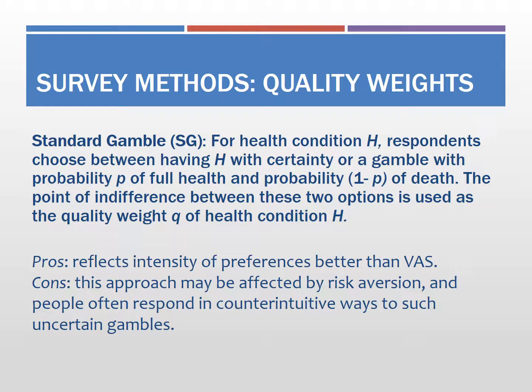And people with less risk aversion are more likely to gamble. They don't mind taking those high risks, so they will respond to the survey with the choice of probability to gamble on full health and death.